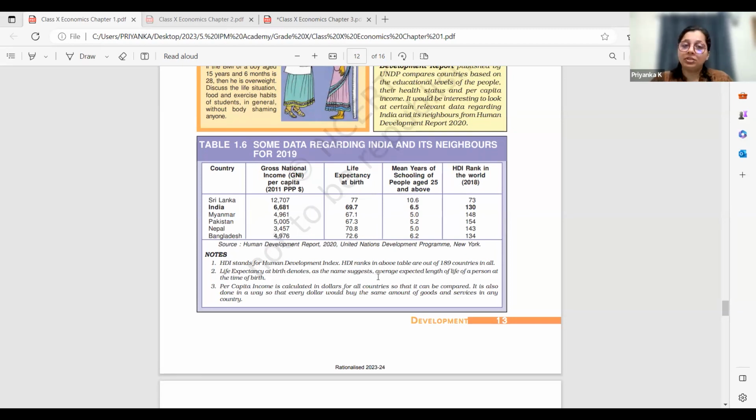So even such indicators can indicate the health facilities provided by our country. You can just go through these things. This changes as per 10 years data. This is from 2019 data, which has been presented in table 1.6.